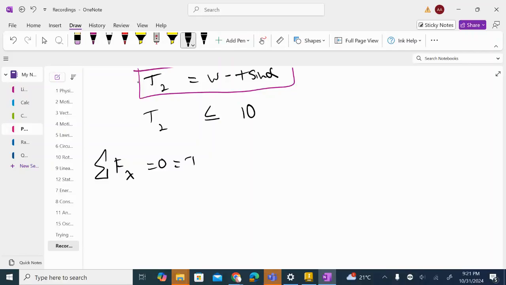You're going to do T1 cos phi minus F, because these will balance out to equal 0. And then you can solve for your F. So your F is equal to T1 cos phi. And that should give you your answer.